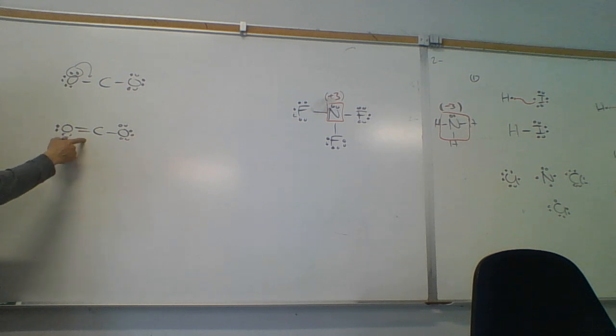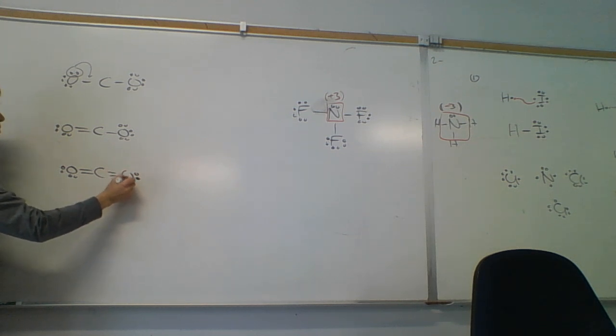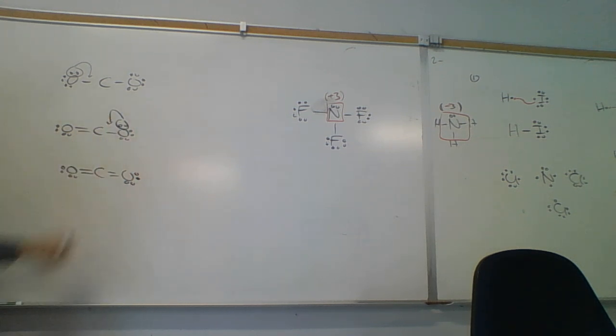Should I make a triple bond? Then carbon would have an octet. No, I shouldn't make a triple bond. Instead, I should make another double bond. And that would be a more equitable situation. So what I'll just do is make another double bond. And so now everybody has an octet.